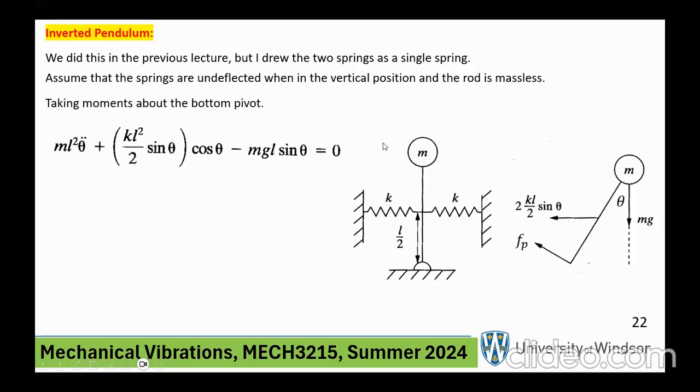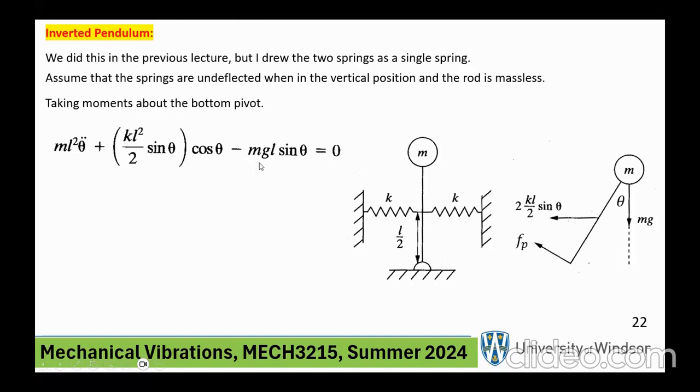And I've taken the moments and brought them all on one side. The moment arms, we can just look at it and figure out what they are. For example, the moment arm of this mg is just L sine of theta. I'm assuming everything is taken clockwise, all the angles.